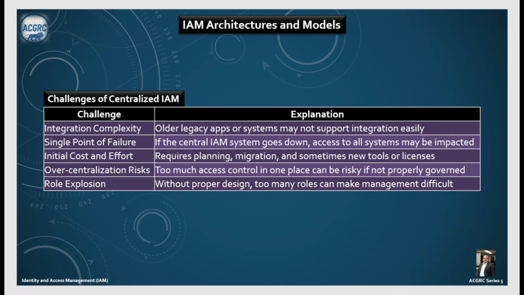There is a chance of over-centralization risk. Too much access control in one place can be risky if not properly governed. And role explosion, wherein without proper design, too many roles can make management difficult. So that's some of the challenges with centralized IAM.